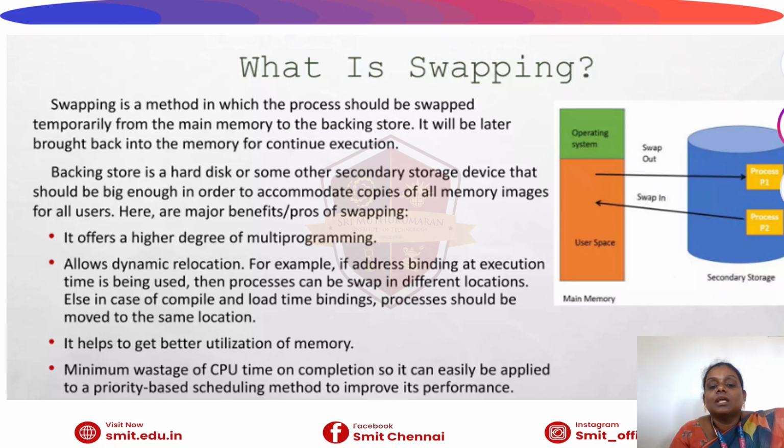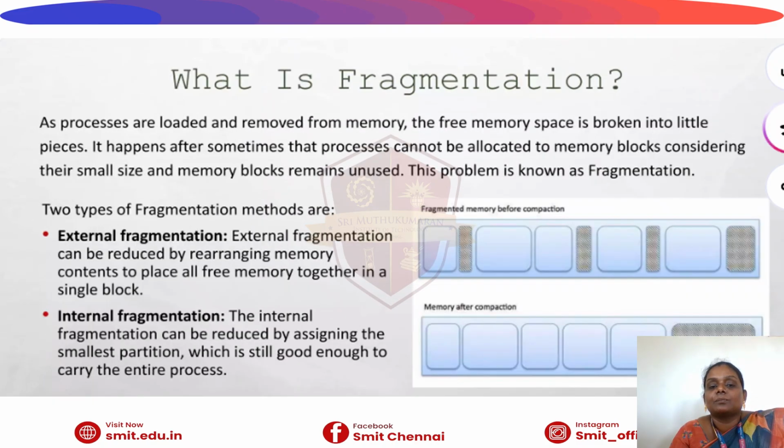For example, if execution time address binding is being used, then the process can be swapped into a different location. Else, in case of compile and load time binding, the process should be moved to the same location. It helps to get better utilization of memory.